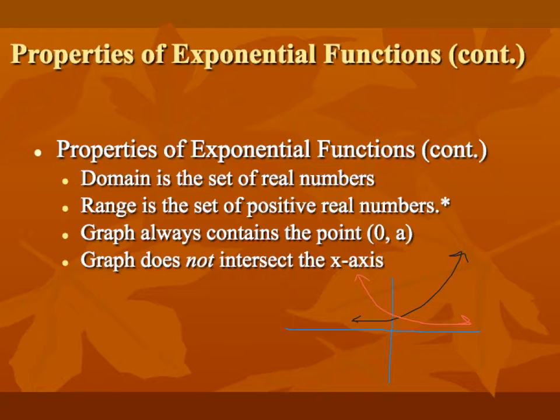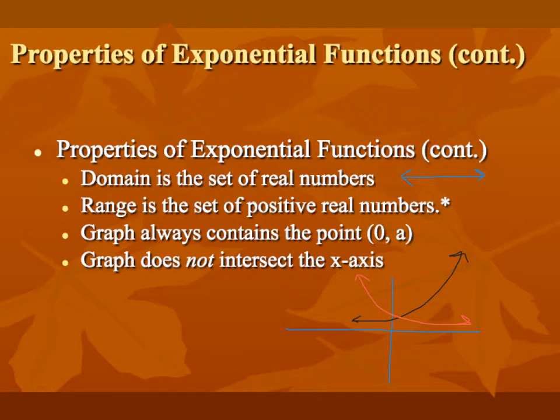All exponential functions, whether they're growth or decay, have a domain that's equal to all real numbers. The reason for this is because if you look at both of these graphs and move from left to right, they continue on into infinity. So the domain never stops. It's all real numbers.